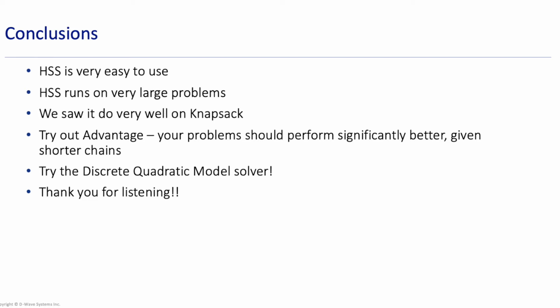And then also try the Discrete Quadratic Model solver. It's a little different, you can see that, but it also is targeted at very large problems. It is also a hybrid solver with a classical and a quantum part, and we're very much looking forward to seeing the types of problems that users like you are going to come up with.